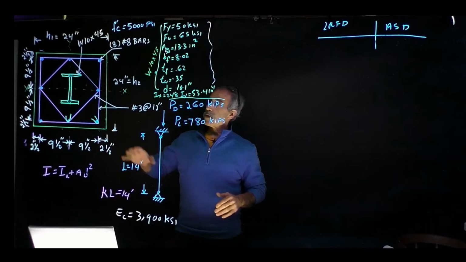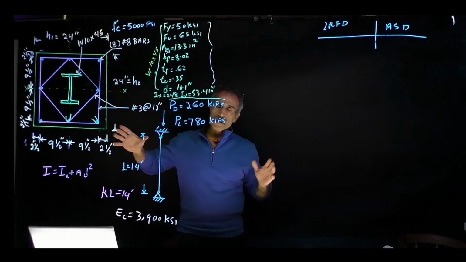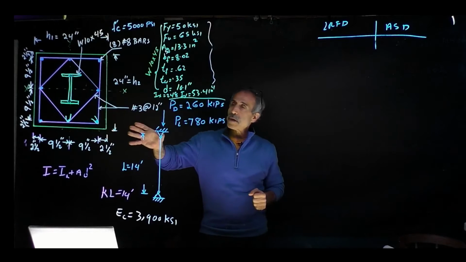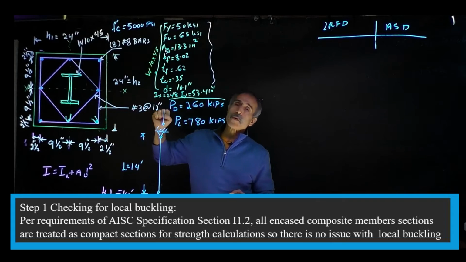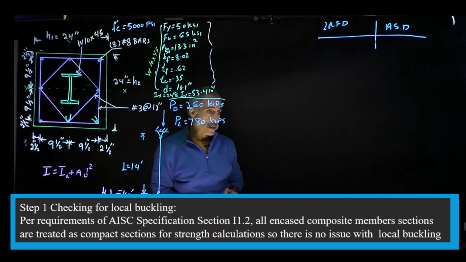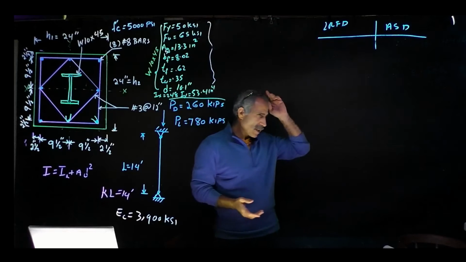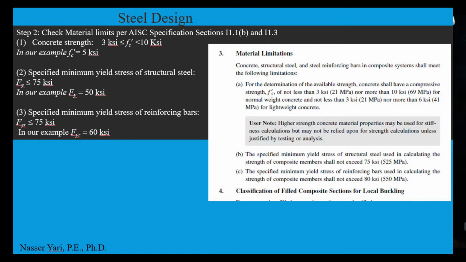Like a regular column, we're going to check everything. First we're going to check the local buckling, and you can tell this section is compact, so there's no worry there. The next thing we're going to check is the material limit, per the specification. First, the concrete strength has to be between 3 KSI and 10 KSI.